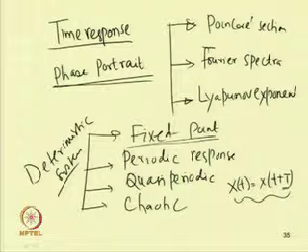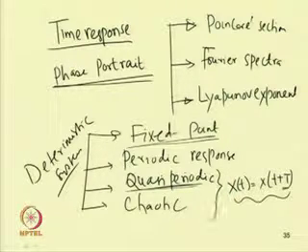In case of quasi periodic response also, one can observe this response of the system. But one can note that for quasi periodic and chaotic responses, as they are not periodic, it is difficult to distinguish these responses from the time response and the phase portrait.